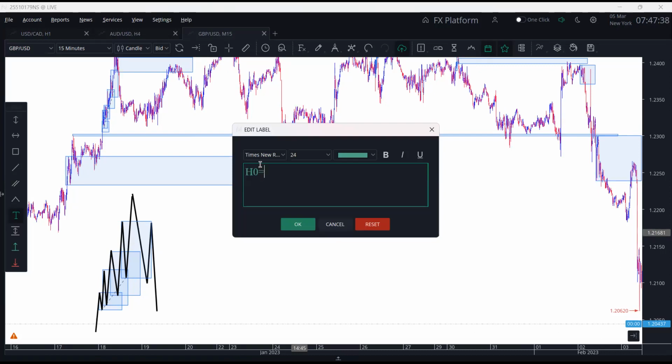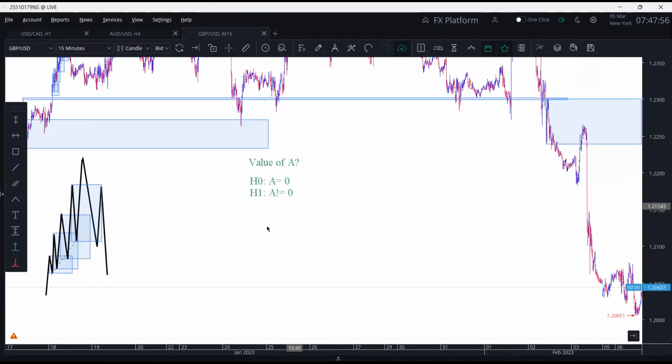This is the null hypothesis: we can say that A is equal to 0, or we have an alternative hypothesis that A is the opposite of 0. So we're going to test our hypothesis, and after testing with a logical methodology, we find out that A is equal to 0. So here we have a theory. We have a theory that says A is equal to 0.